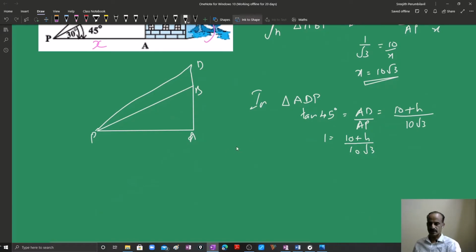When you cross multiply, 10 root 3 is equal to 10 plus h, or h is equal to 10 root 3 minus 10, or 10 into (root 3 minus 1).